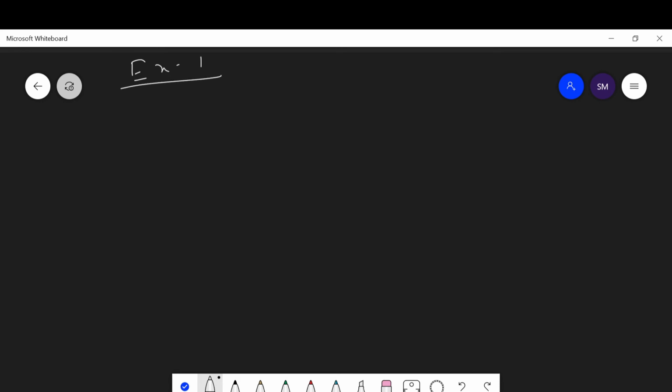Here example 1 says: prove that any two adjacent angles of a parallelogram are supplementary to each other. What do we mean by supplementary to each other? It means the sum of these adjacent angles is 180 degrees. Here ABCD is a parallelogram.